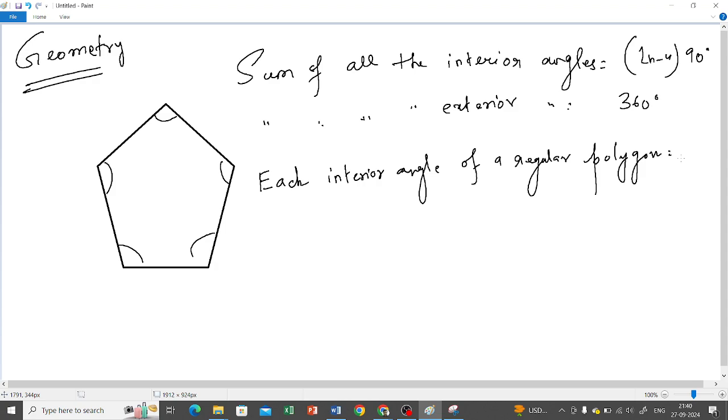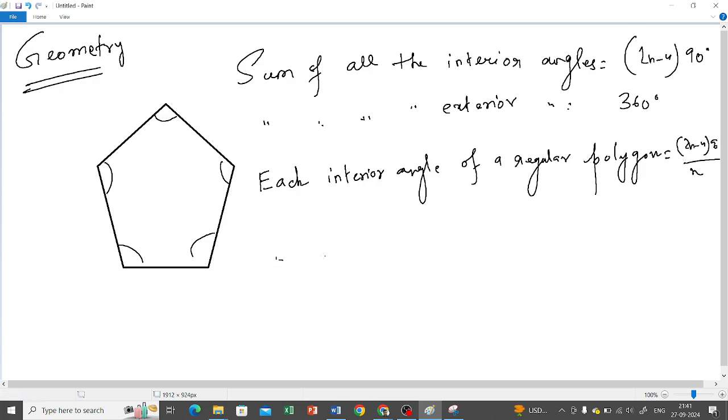Okay, so regular polygon means, does anybody know? Equal sides, all the sides are of equal length. All the sides are equal, all the interior angles are equal. So each interior angle of a regular polygon is going to be (2n minus 4) into 90 degree by n. What is n? n is the number of sides.